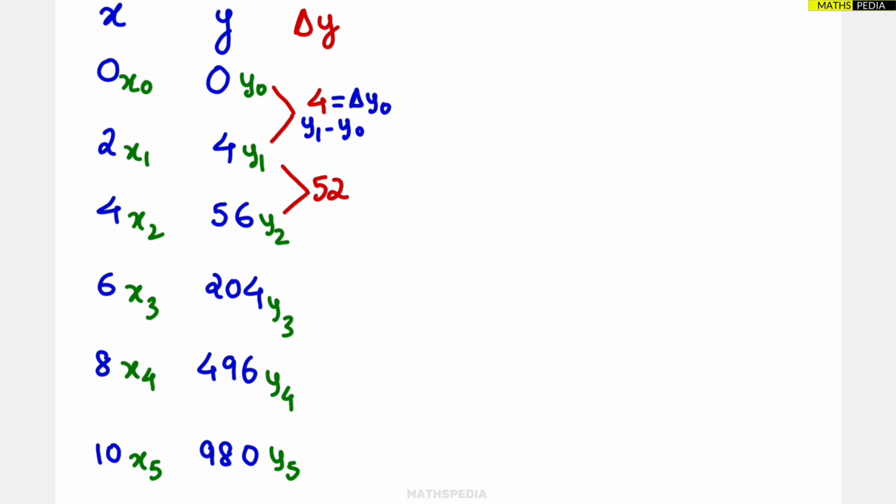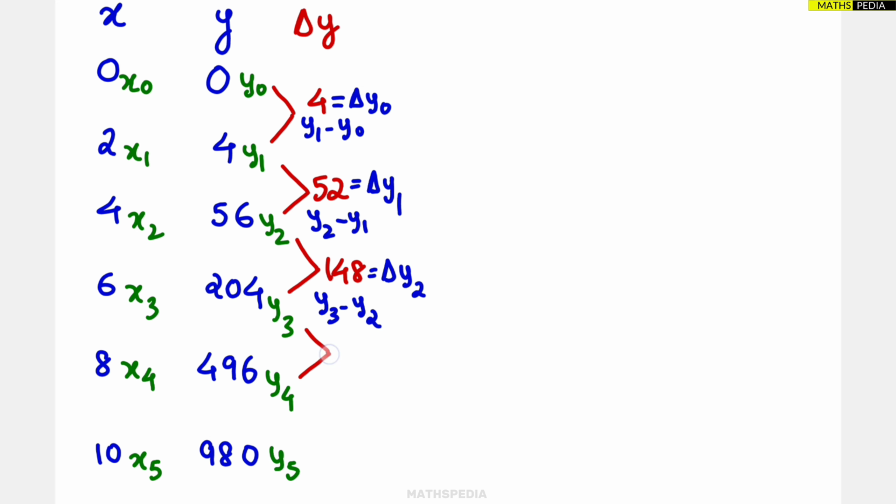Now here it is y2 minus y1, and this value is delta y1. Now the difference 204 minus 56 is 148, and this is y3 minus y2. This is called delta y2. 496 minus 204 is 292.